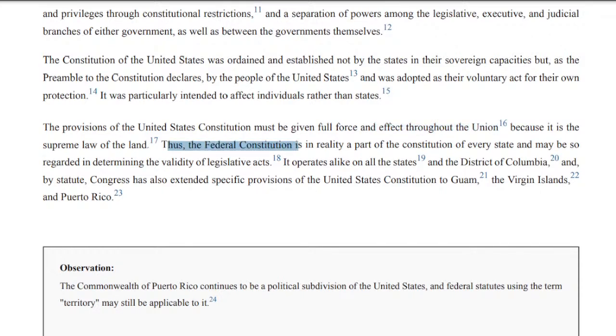Thus, the federal Constitution is in reality a part of the Constitution of every state and may be so regarded in determining the validity of legislative acts. It operates alike on all states and the District of Columbia, and by statute, Congress has also extended specific provisions of the United States Constitution to Guam, the Virgin Islands, and Puerto Rico.